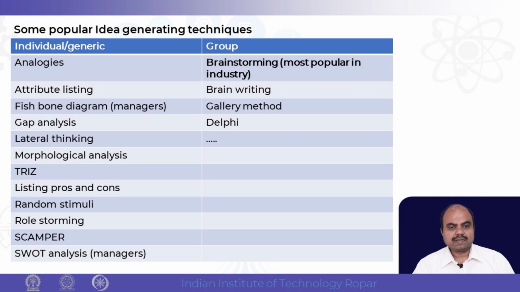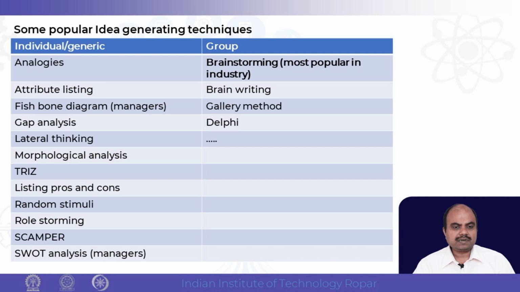Lateral thinking is another style of thinking. Then there are morphological analysis, trees, and the theory of inventive problem solving, made by Altshuller. There, he made a lot of analysis of patents and found a method.